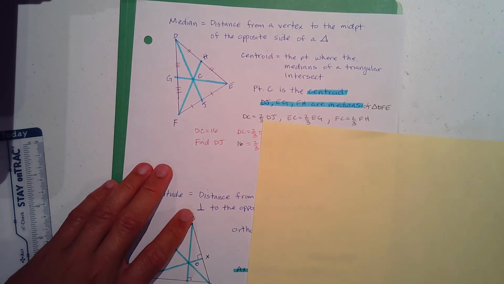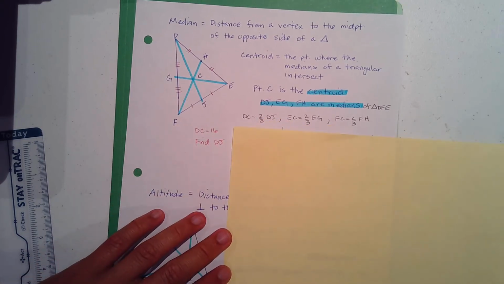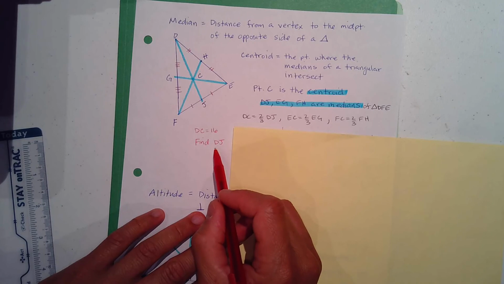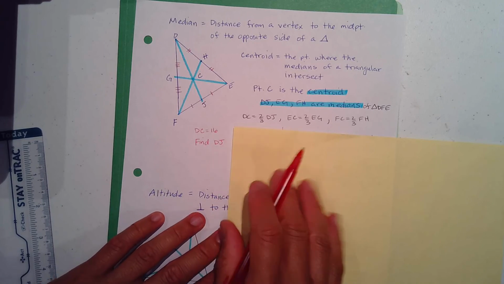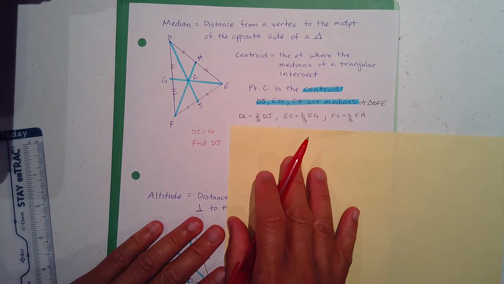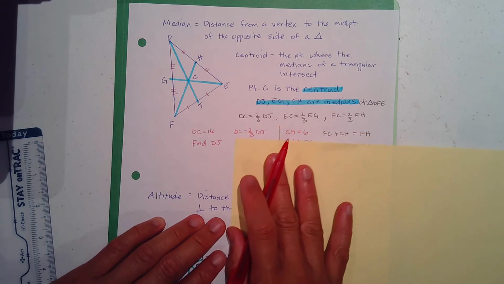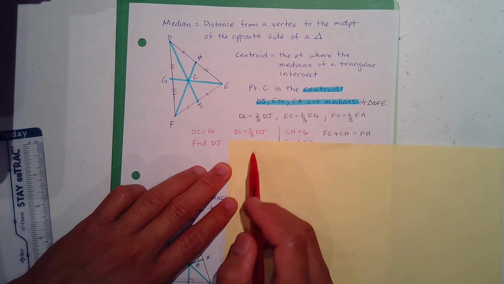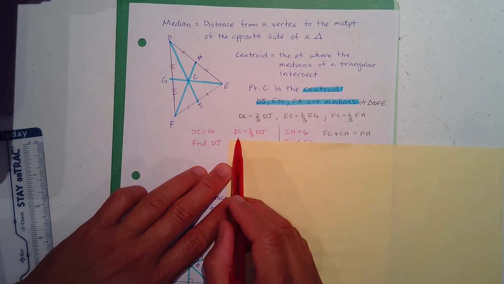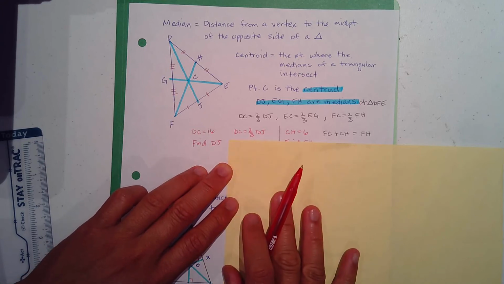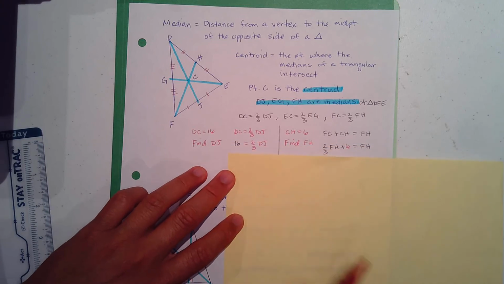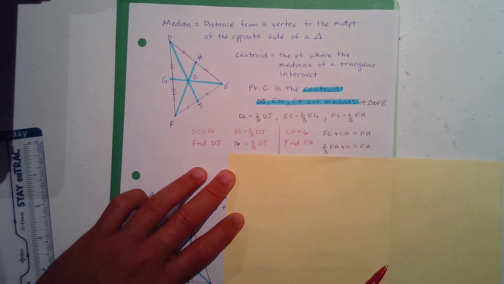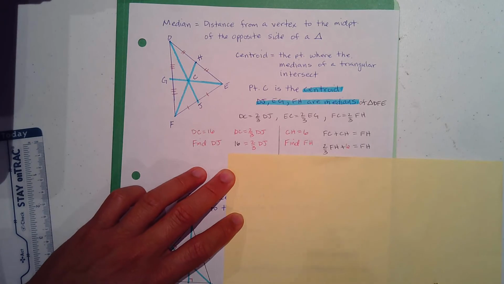So they want us to find DJ if DC is equal to 16. So DC is equal to 2/3 DJ. Well, we know what DC is, so we substitute. So 16 equals 2/3 DJ.